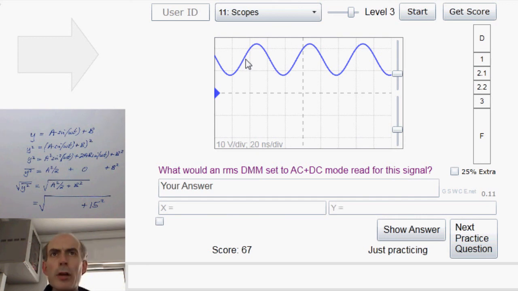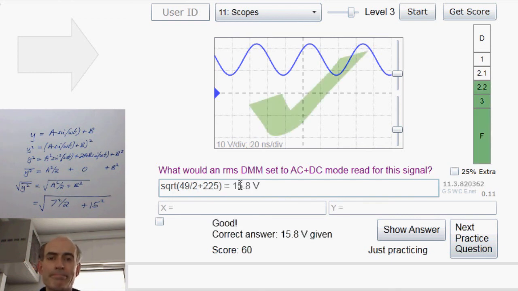And a is the mean to peak amplitude of this sine wave, which is looking to me like it's about 0.7 divisions, and that would be about 7 volts. So I reckon the answer should be the square root of 7 squared, which is 49, divided by 2, plus 15 squared, which is 225. Great. And so on. I'll leave the rest to you.